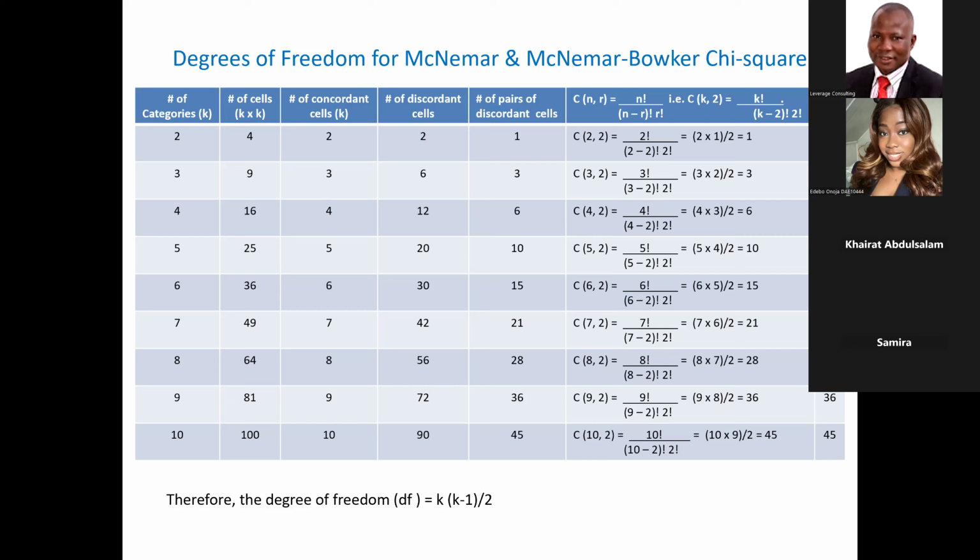And for McNemar, the category of outcome must be two: yes, no, there, not there. Hypertensive, not hypertensive. That was the example we used. Only two categories.